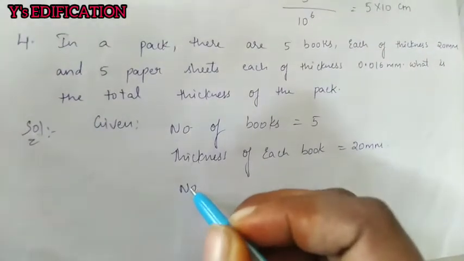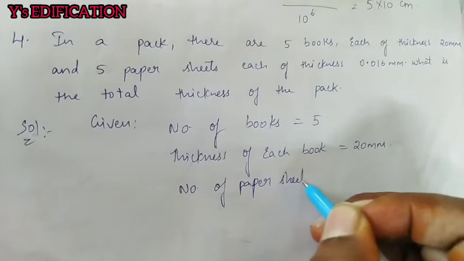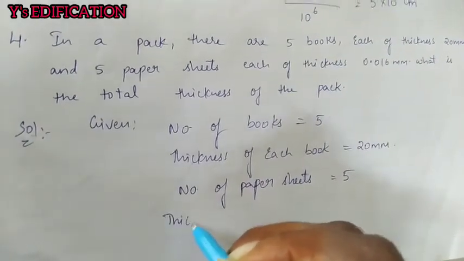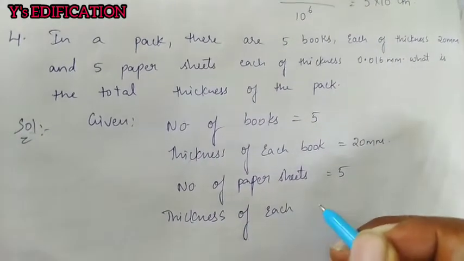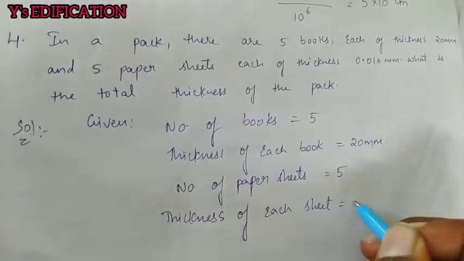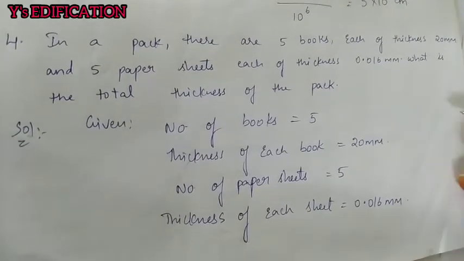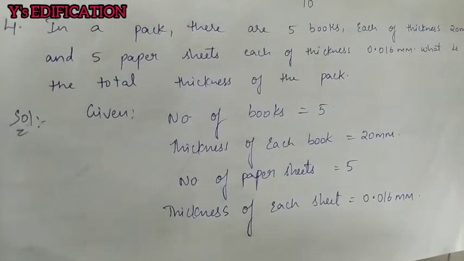Next, number of paper sheets. The number of paper sheets are 5. Next, thickness of each sheet. What is the thickness of each sheet? 0.016 mm. So when these are all packed together, they are asking what is the total thickness.